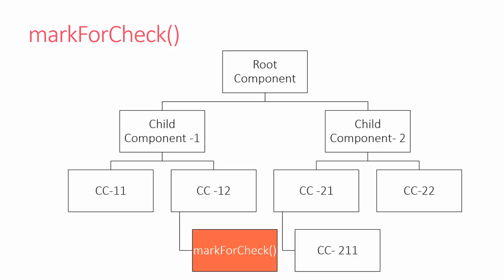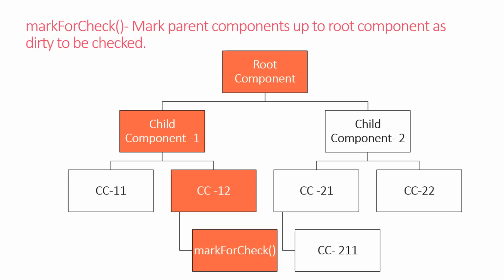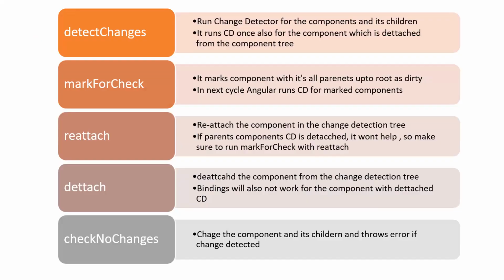What markForCheck does is mark the parent components up to the root component as dirty, to be checked, and next time the change detector runs, it will check the whole thing. So detectChanges runs the change detector for the component and its children. It runs CD once also for a component which is detached from the component tree. markForCheck marks the component with all parents up to the root as dirty.